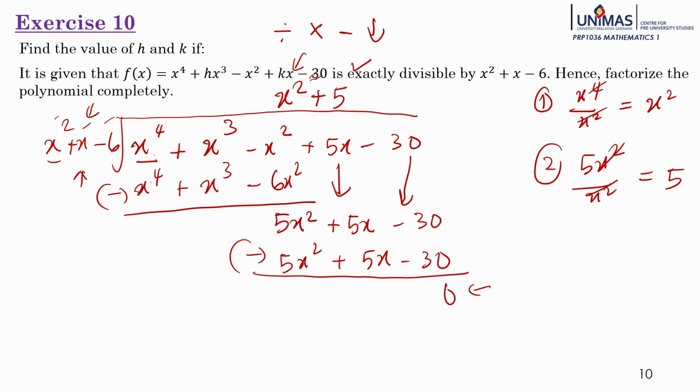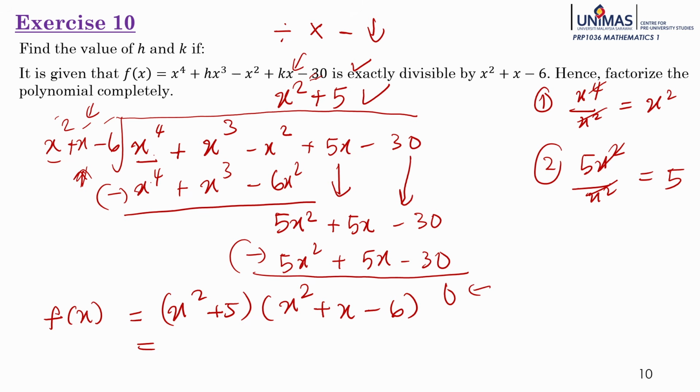So we can say that the polynomial f(x) equals x squared plus 5, and then x squared plus x minus 6, and this one can also be simplified. So the answer is this one.